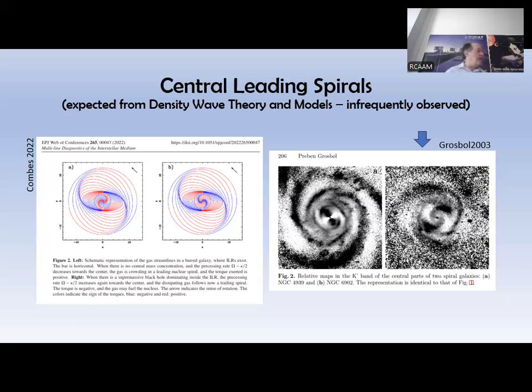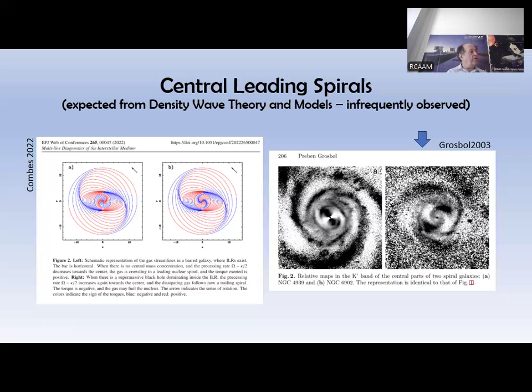This is the way that the density waves in galaxies propagate. There are also theoretical studies on that, and some observational support also exists. This is the usual case. The density waves in galaxies are supposed to be trailing.